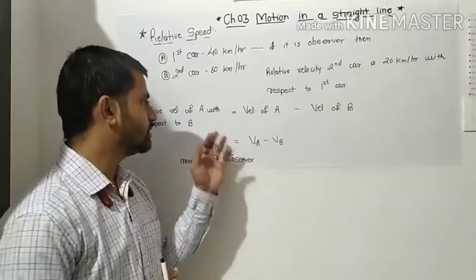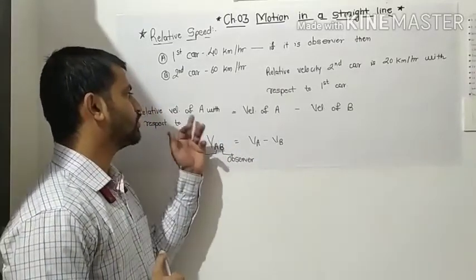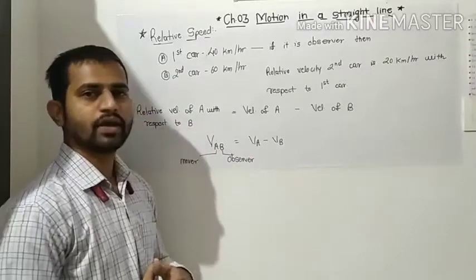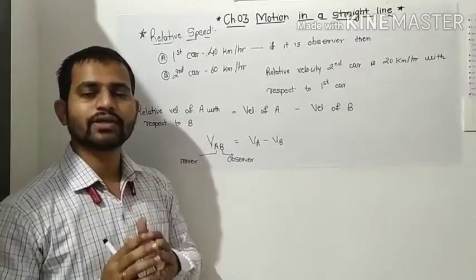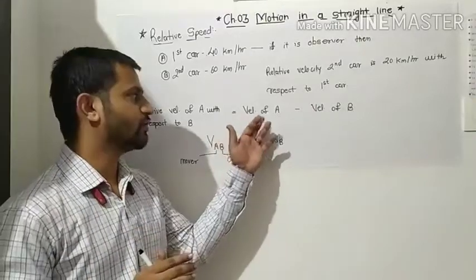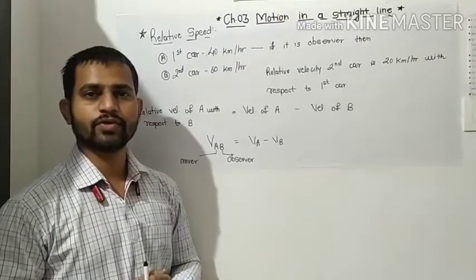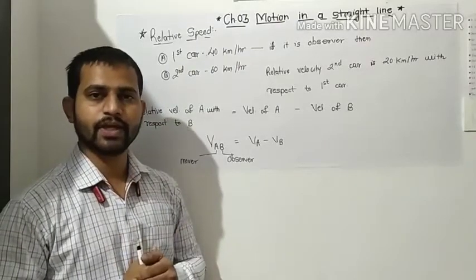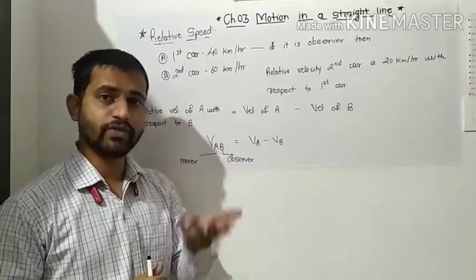In this case, A is the mover and B is the observer. So we are taking the velocity of A with respect to B, and whenever we calculate the relative velocity, we take the subtraction of velocity of A minus velocity of B. So this is the formula for the relative velocity.